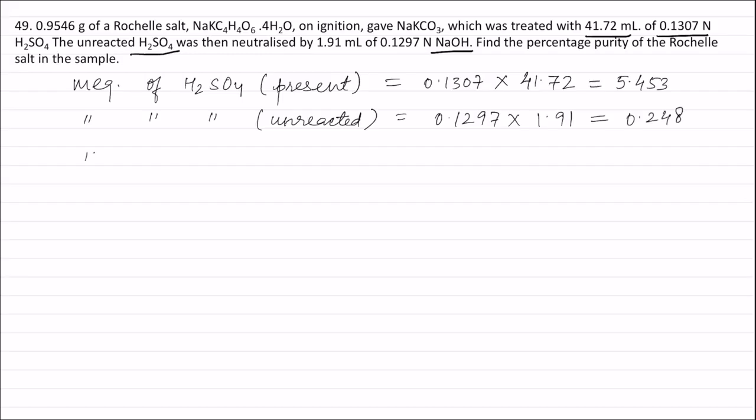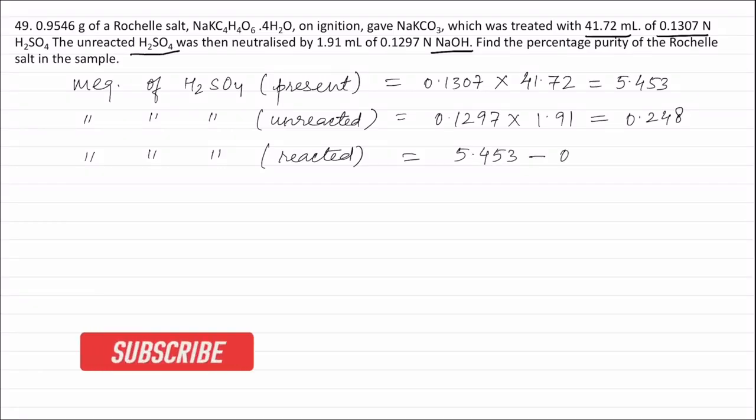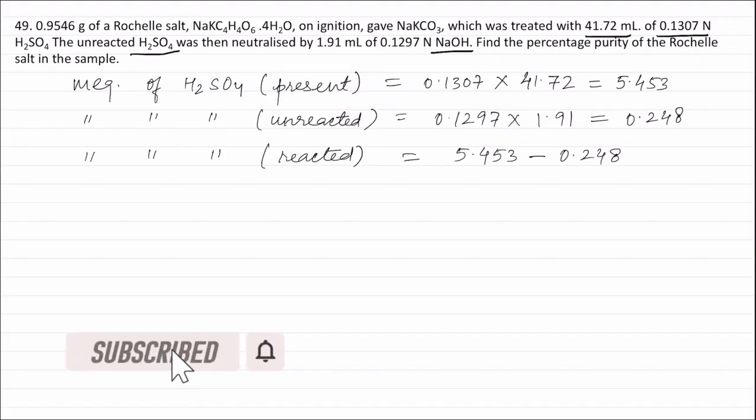Now milliequivalents of H2SO4 reacted will be equal to 5.453, that is milliequivalents of H2SO4 present, minus 0.248, that is milliequivalents of H2SO4 unreacted, and this is equal to 5.205 milliequivalents. Now milliequivalents of H2SO4 reacted will be equal to milliequivalents of sodium potassium carbonate, which in turn will be equal to milliequivalents of the Rochelle salt.